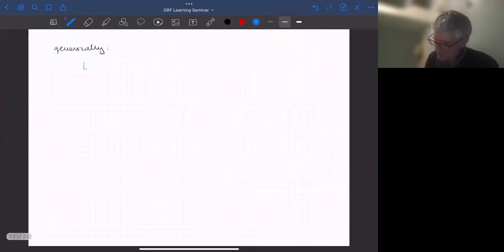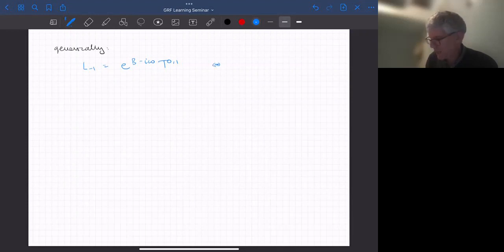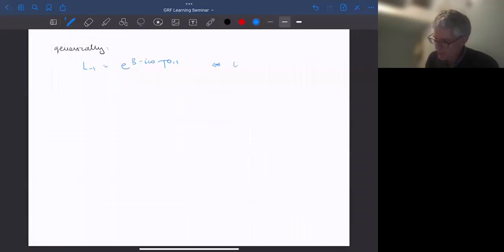Generically, you find that this L-1 can be written in the following way. It's some e to the B minus i omega times some T10. So this is equivalent to specifying some Kähler structure, some U(3) structure. So that's some complex structure and some symplectic structure together with a B field.